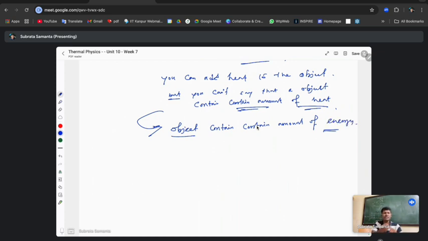So heat is energy in transit. You can add heat, but you cannot say the object has a certain amount of heat; the object has a certain amount of energy.